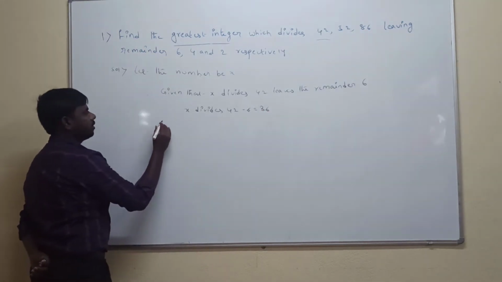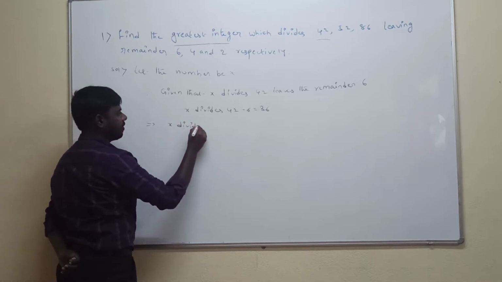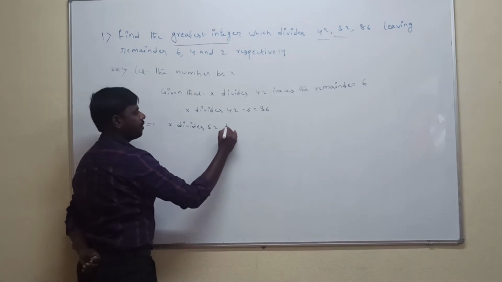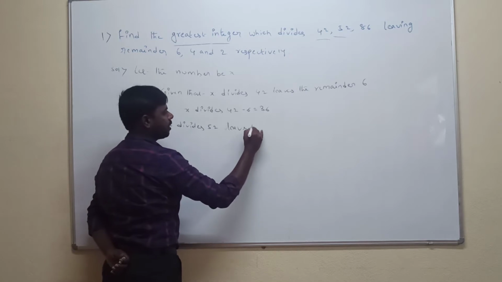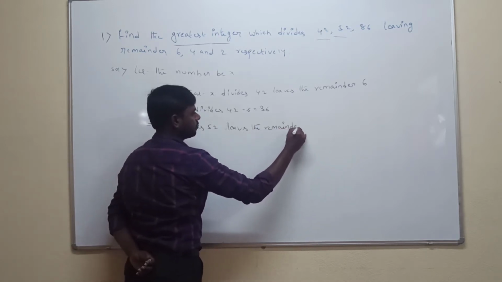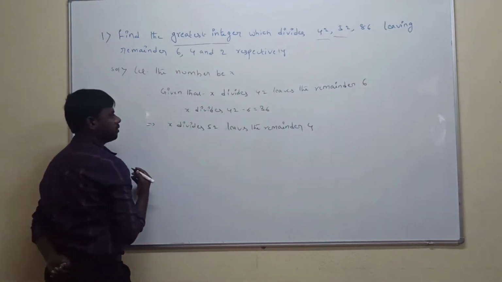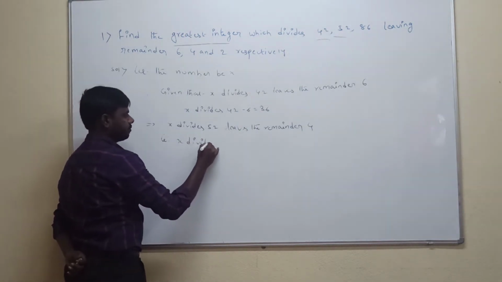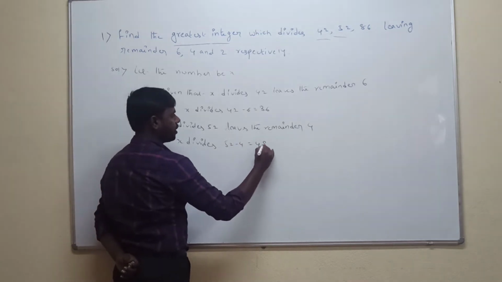Same way, the second number is 52, which leaves the remainder 4. So x divides 52 minus 4, nothing but 48.